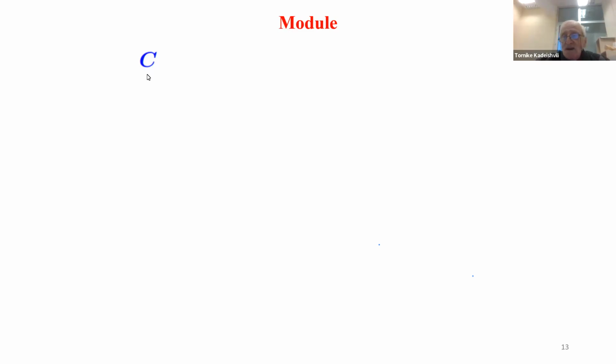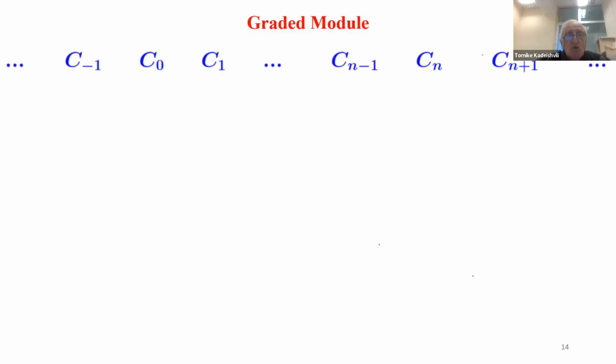But after some years, it was realized that only one object is not enough. A collection of such algebraic objects is more essential, and this is called not just a module, but a graded module. It has a gradation, numbering 0, 1, 2, and so on.